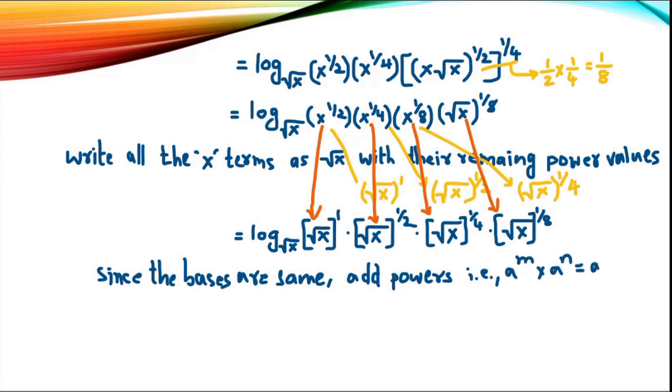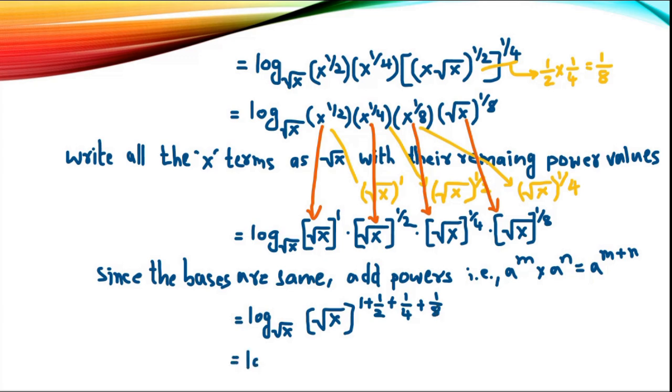Let's add the powers. Here the powers are 1 plus 1 by 2 plus 1 by 4 plus 1 by 8, which is nothing but 15 by 8. So the expression becomes log base square root of x of square root of x to the power 15 by 8.